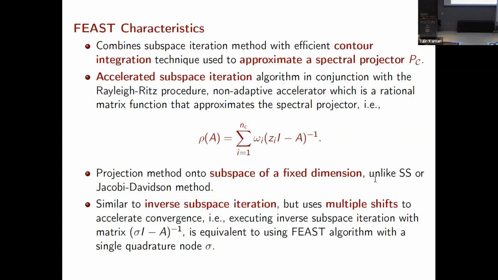It's a projection method into a subspace of fixed dimension. So we don't have a growing subspace as in a lot of other methods that use the contour integral approach. It's similar to inverse subspace iteration. In an inverse subspace iteration method, you just use one shift.